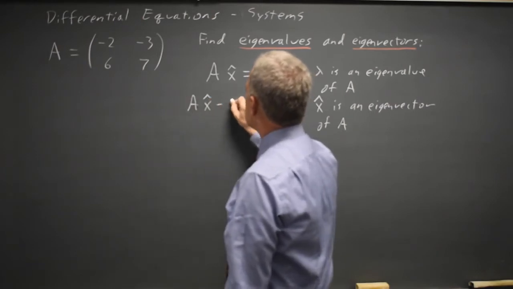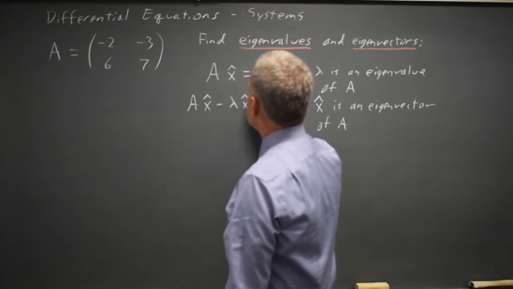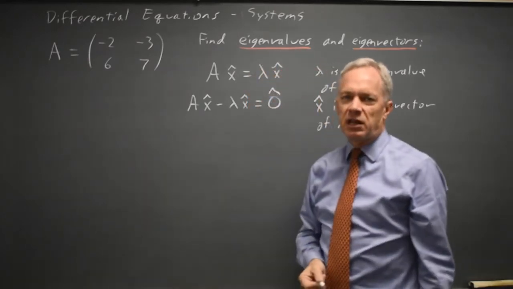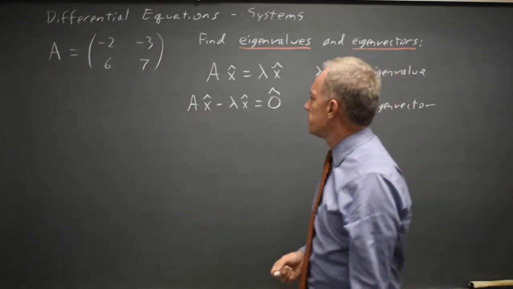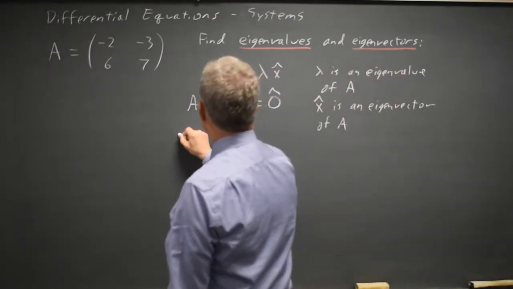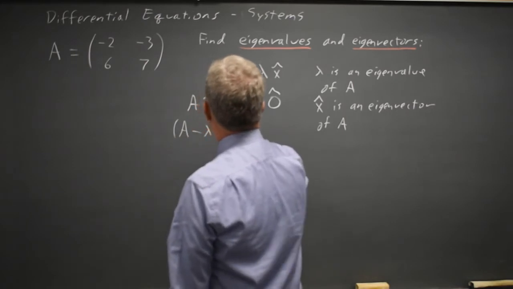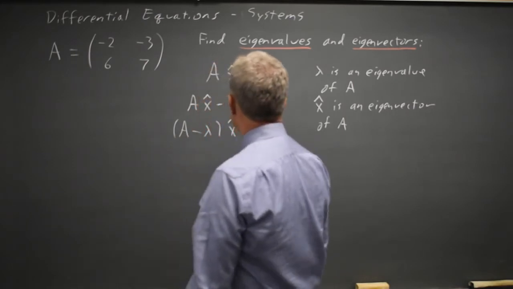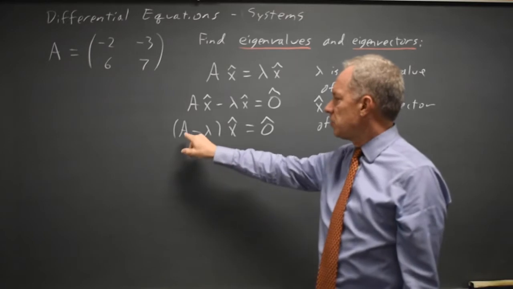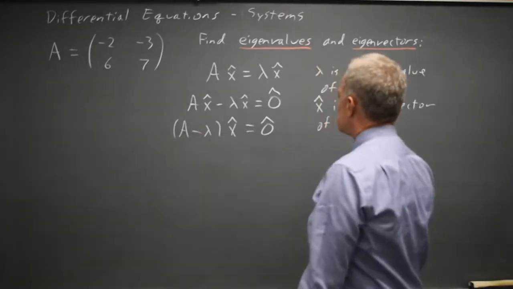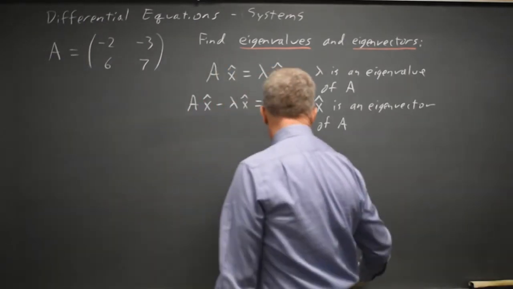Ax minus lambda x equals 0, and this is the 0 vector. I'd like to factor out the common factor of x, so A minus lambda x equals the 0 vector, but that's not allowed. A is a matrix, lambda is a constant, so this doesn't make sense.